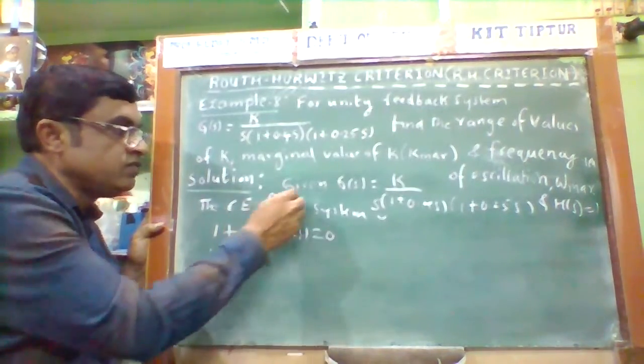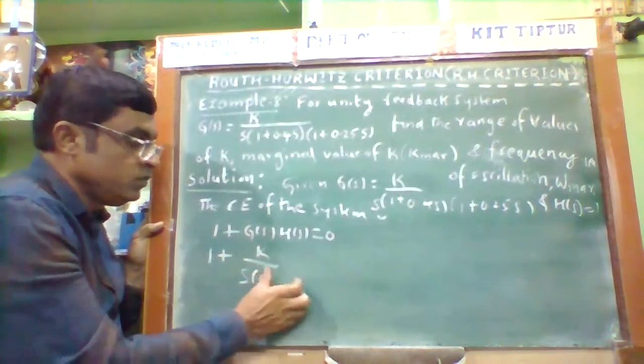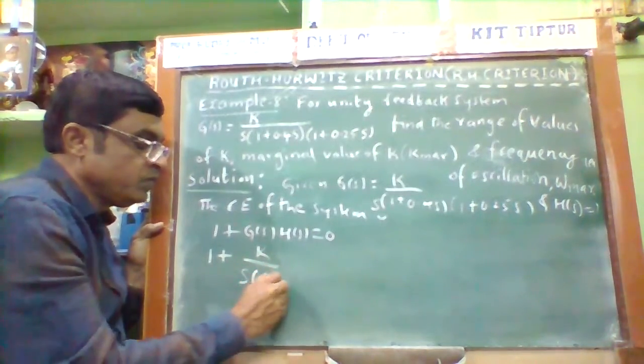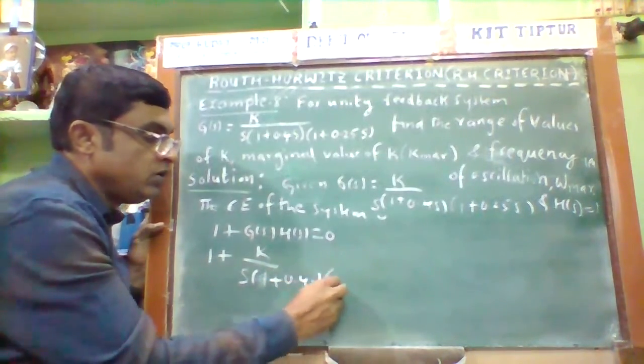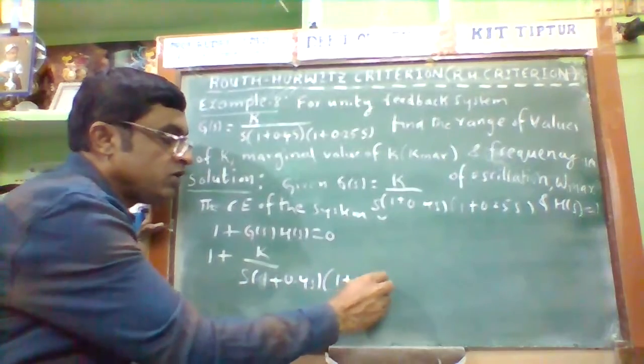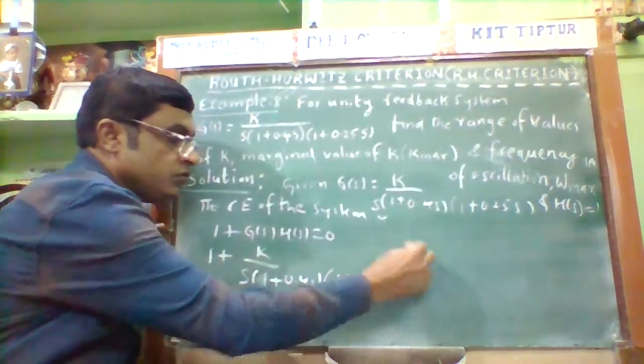Therefore, 1 plus G(s), which is K divided by s into (1 plus 0.4s) into (1 plus 0.25s), is equal to 0.